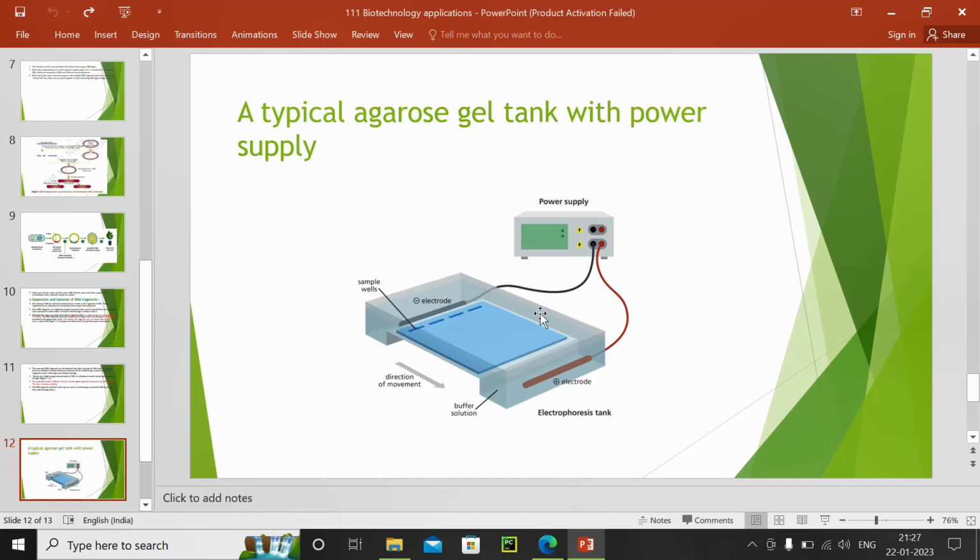The apparatus is filled with buffer, and here is the negative charge, here is the positive charge.